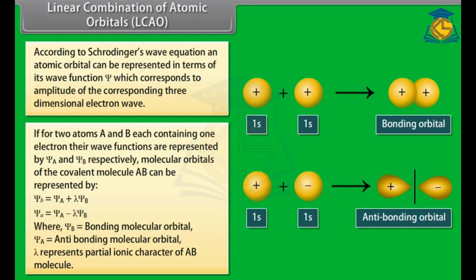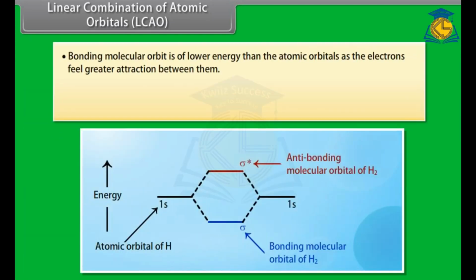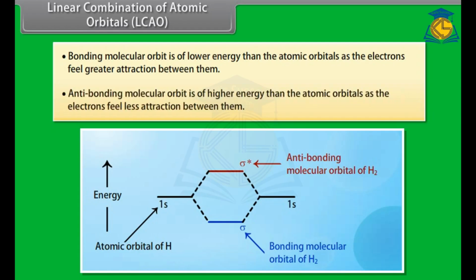Lambda represents the partial ionic character of the AB molecule. Bonding molecular orbital is of lower energy than the atomic orbitals as the electrons feel greater attraction between them. Anti-bonding molecular orbital is of higher energy than the atomic orbitals as the electrons feel less attraction between them.